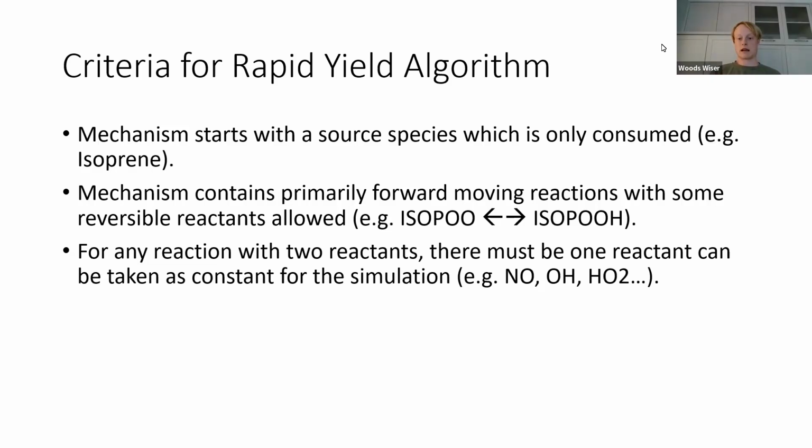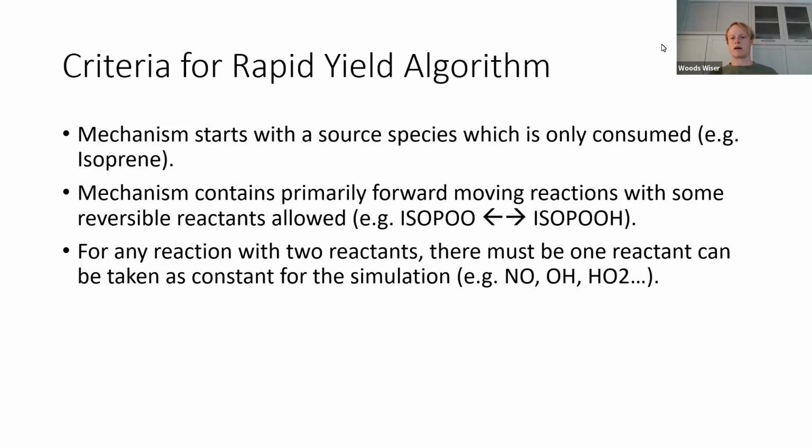And for any reaction with two reactants, there must be one reactant that we can assume is a constant. That is a good description of most of the secondary reactants, which are NOx, OH, HO2, ozone. The less easy to model as constant ones would be the organic radicals. When I say that these are constant, I mean for a given run.